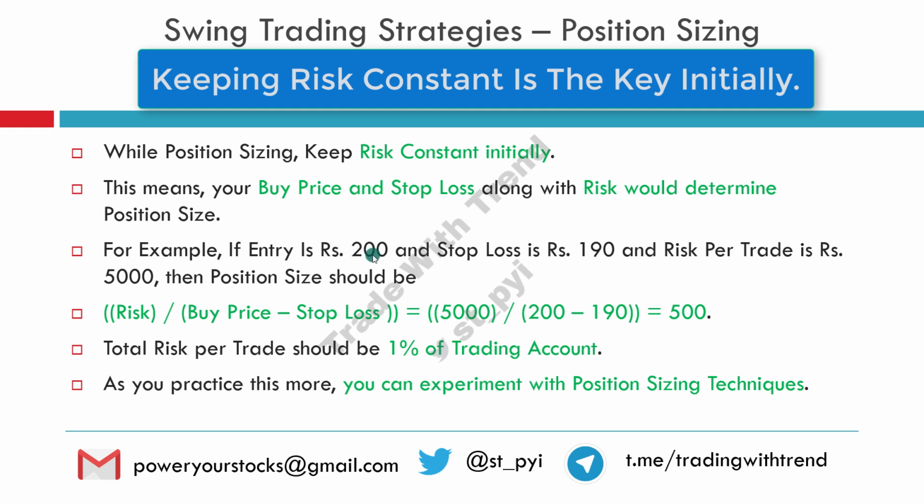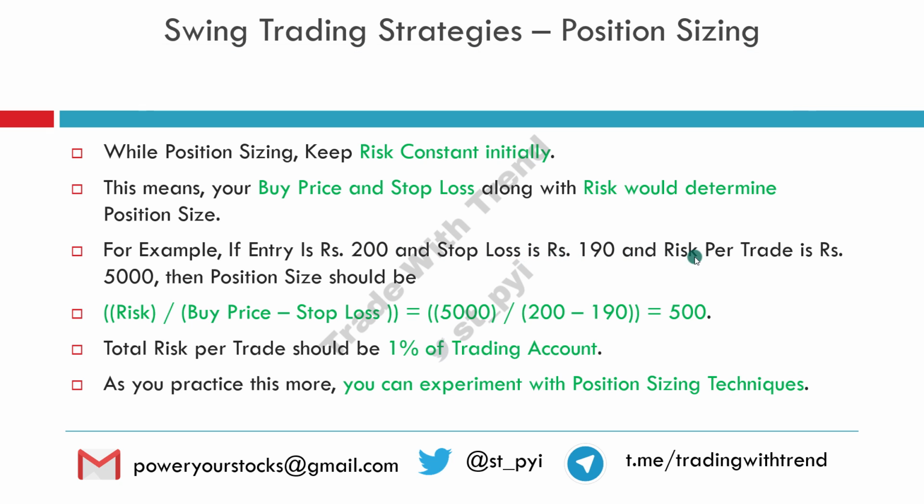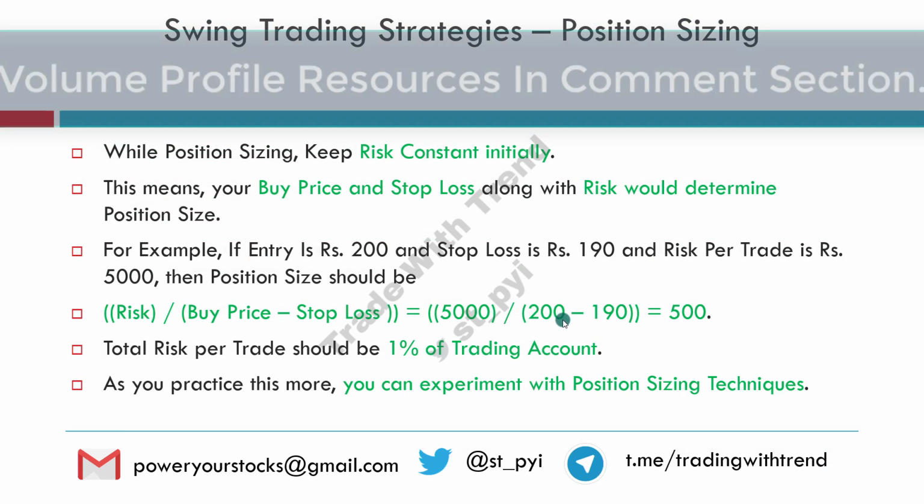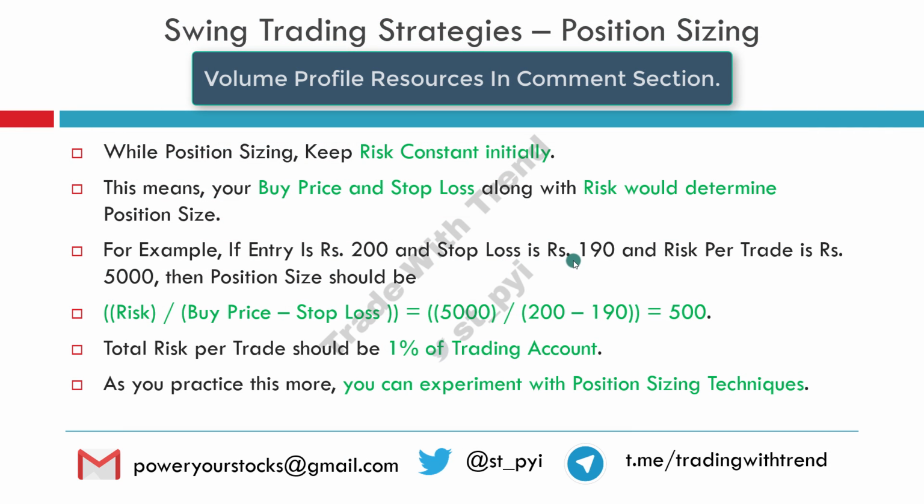If your entry price is rupees 100 and stop loss is rupees 190 and the risk per trade that you decide is rupees 5,000, then position size would be calculated as risk per trade divided by the difference of buy price, that is entry price, and stop loss. So your position size in this case would be 5,000 divided by the difference between entry price and stop loss, which is 10, and hence your quantity would be 500.